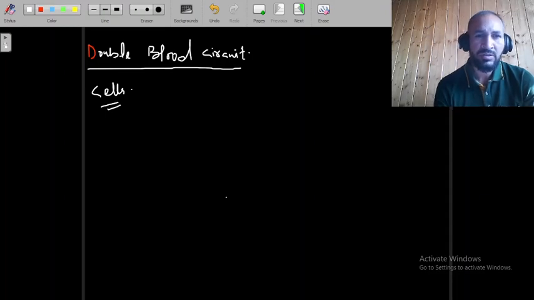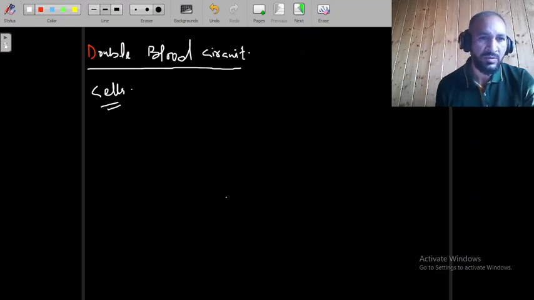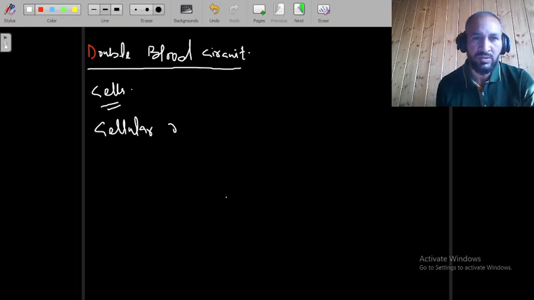For carrying out cellular functions, for carrying out cellular processes, cells do need energy. So nutrients like glucose need to be transported to the cells. Again, oxygen needs to be transported to the cells so that they release energy from glucose by a process. That process is referred to as cellular respiration.